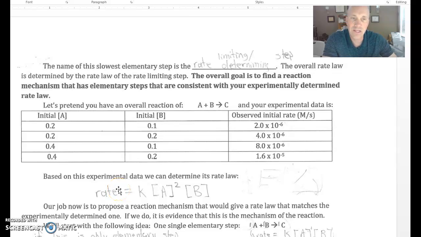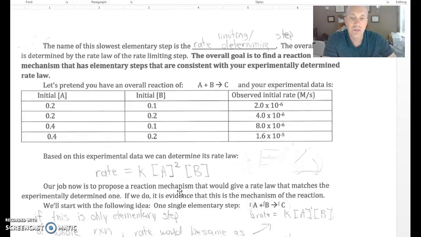And the second thing that we're going to do is propose a series of mechanisms, and figure out, based on what those elementary steps are, what the rate law would be if that were the mechanism. And in the end, if that matches your experimentally determined rate law, that would give evidence that that is the mechanism.